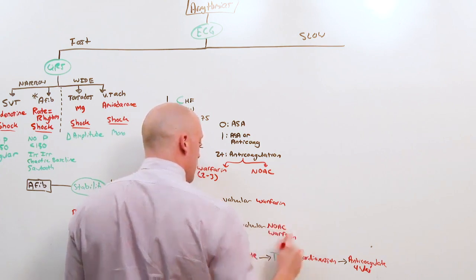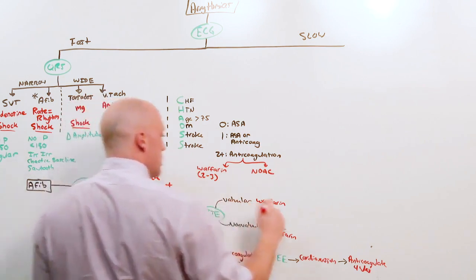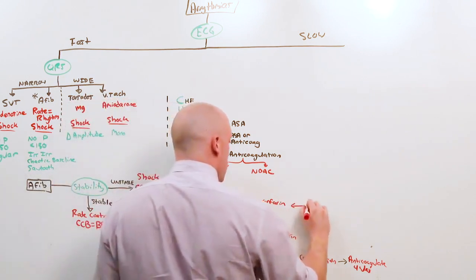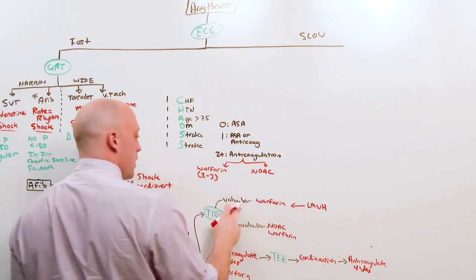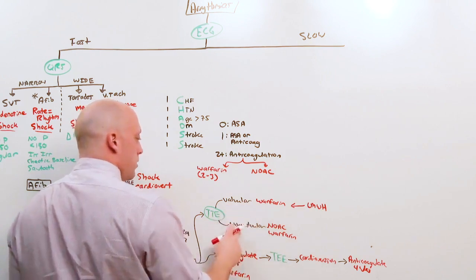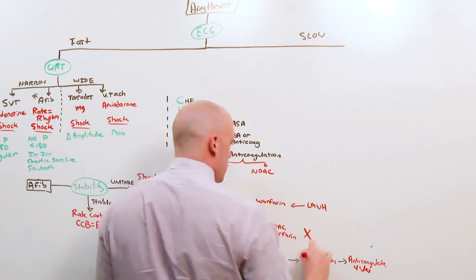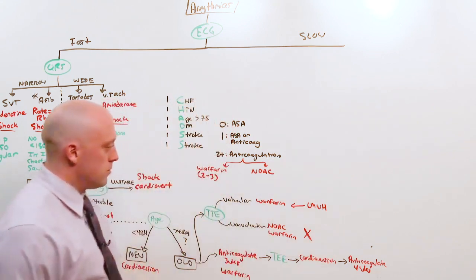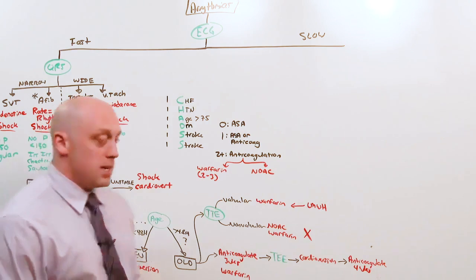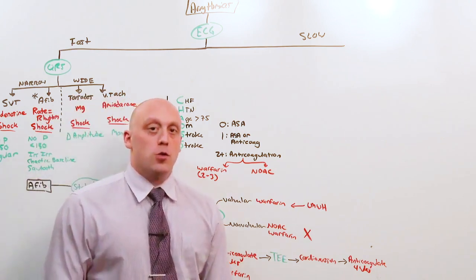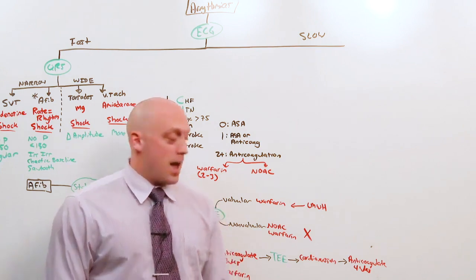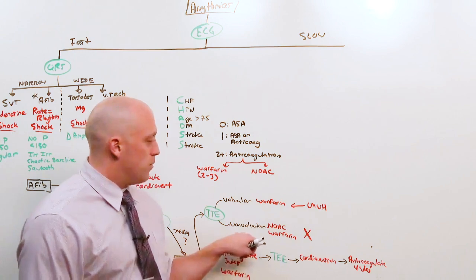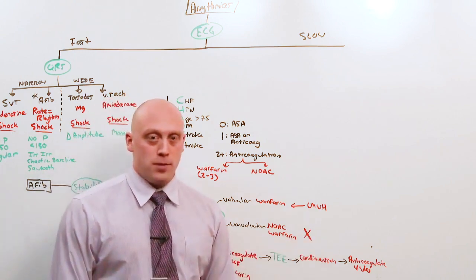And the other big difference here is in valvular disease, you must bridge with low molecular weight heparin. Not because of the AFib, but because of the valvular disease. In non-valvular AFib, you do not need to bridge. Which means that if someone is going to stop anticoagulation for a procedure and they have non-valvular AFib, no low molecular weight heparin.